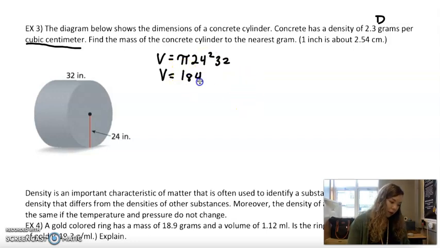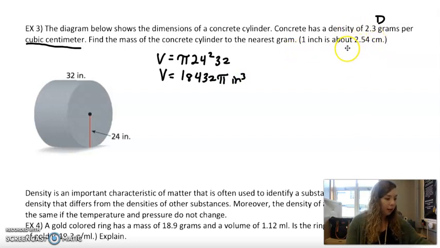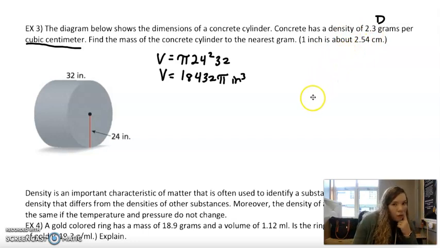We have 18,432 pi, and that would be cubic inches. 1 inch is about 2.54 centimeters. I think it would actually be easiest if we go ahead and convert now.